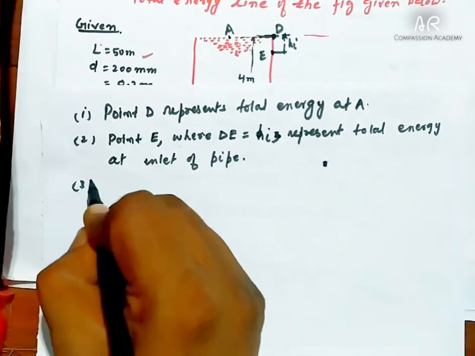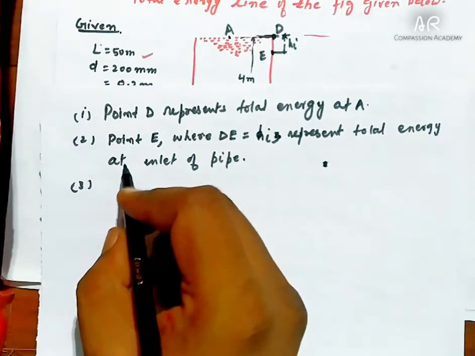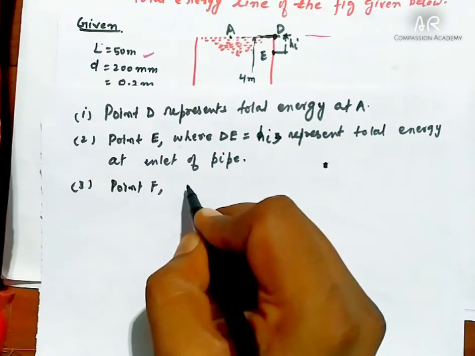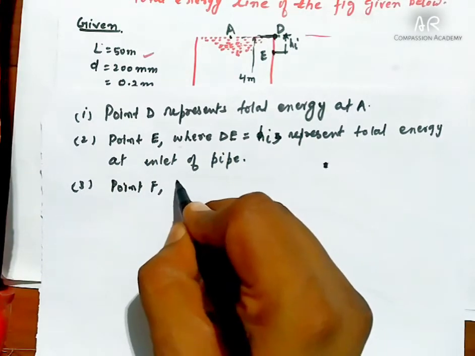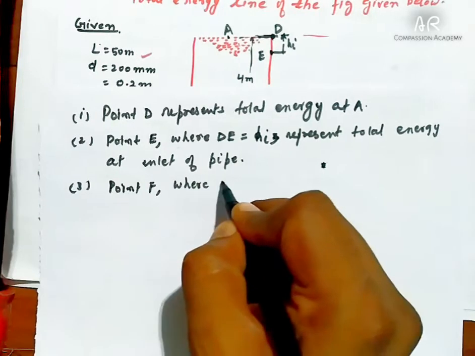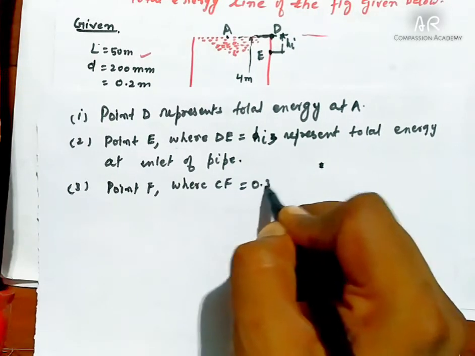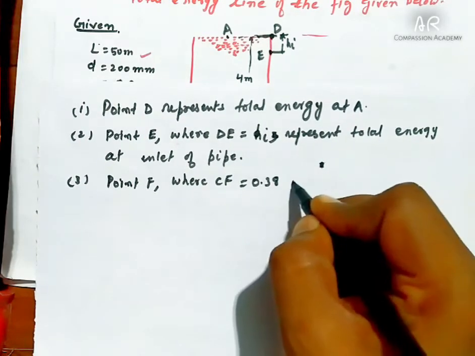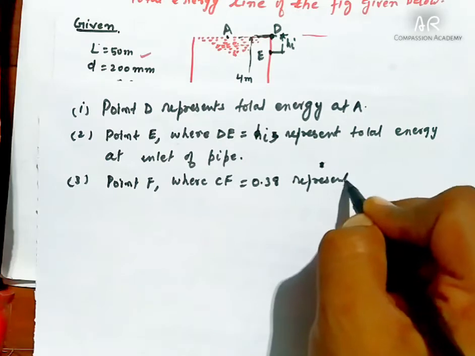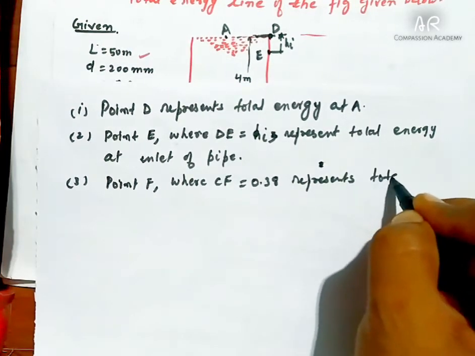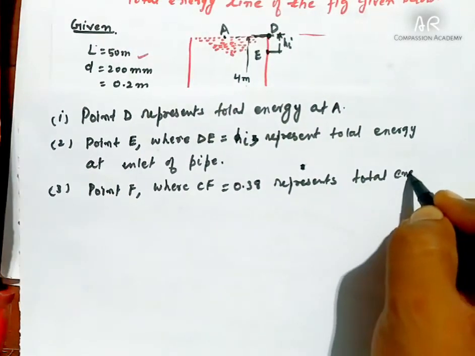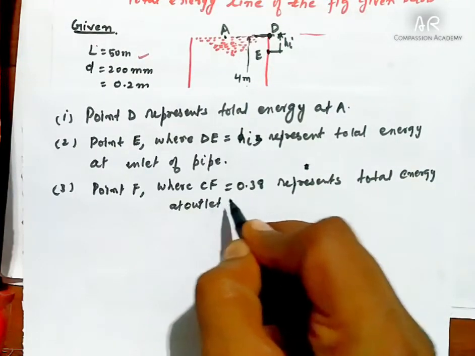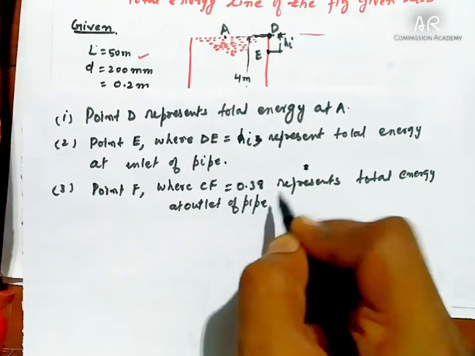Now third, point F, where CF is equal to 0.38, represents total energy at the outlet of the pipe.